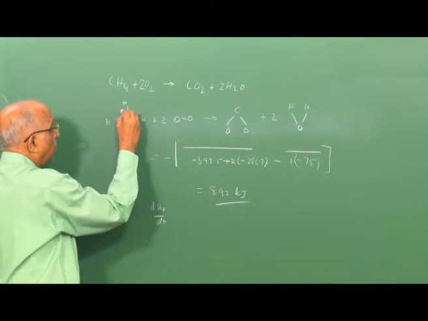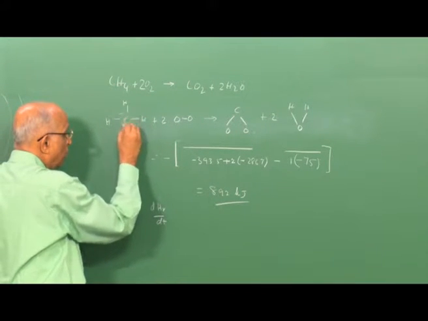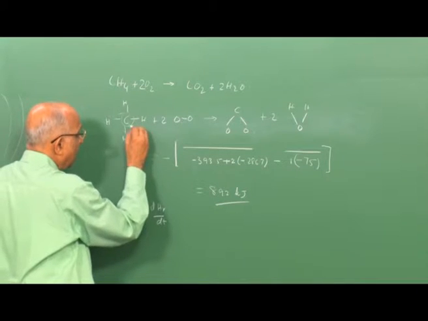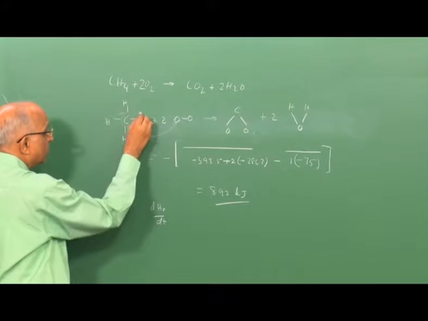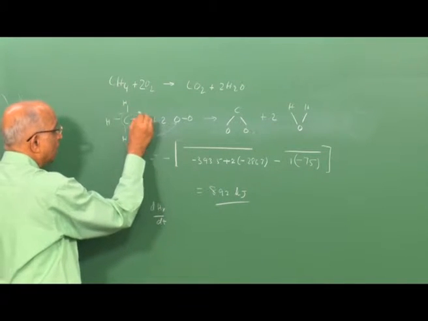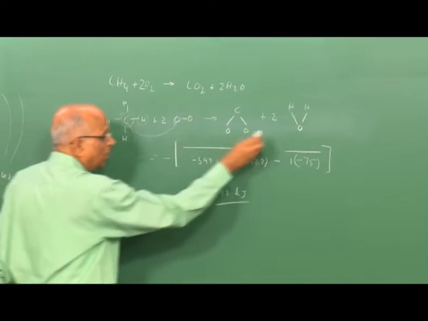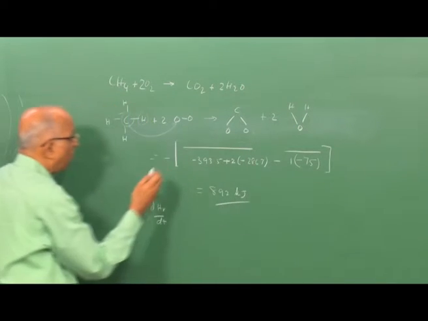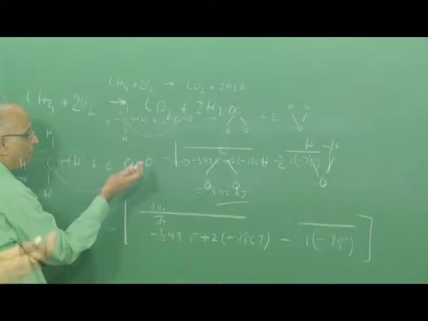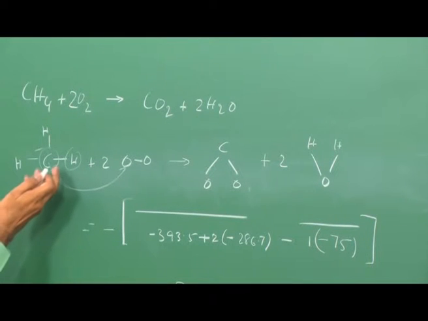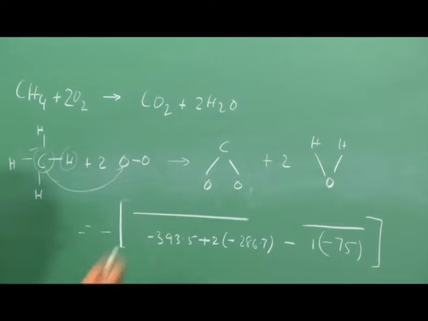C has to be knocked out from this, and this C has to combine with 2 of O to form CO2. Similarly, H has to be knocked out, and 1 H and 1 H have to combine with oxygen to form water. Therefore, if I look at the path by which a reaction is going to happen, I have to consider individual molecular collisions.